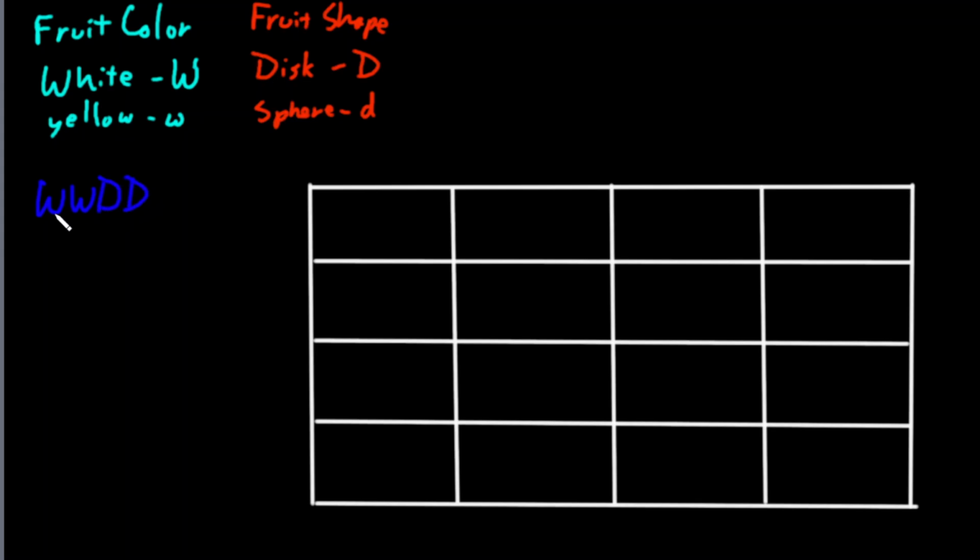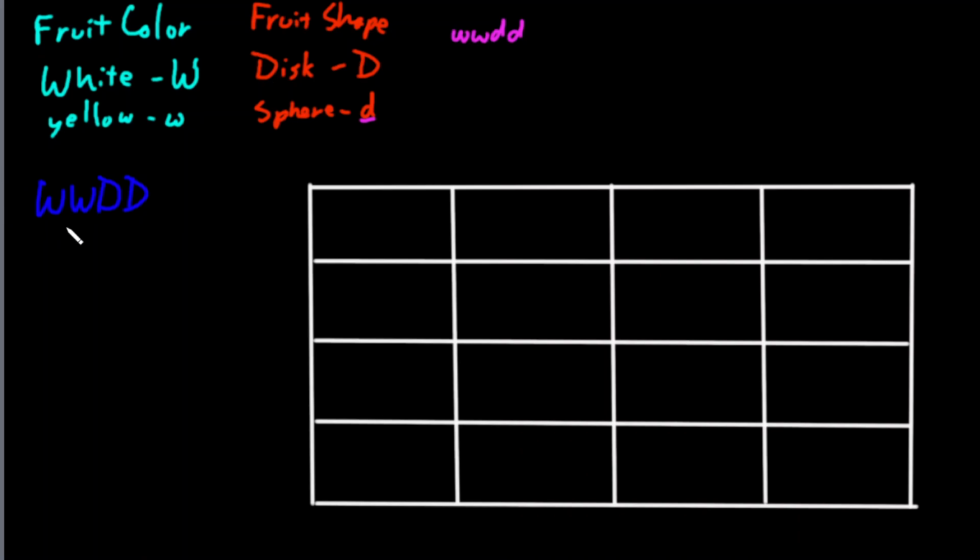So true breeding for white disc-shaped fruit is crossed with a plant true breeding for yellow sphere-shaped, for yellow, which means lowercase, and sphere, which means little d, fruit. All right, and we're going to cross those two.